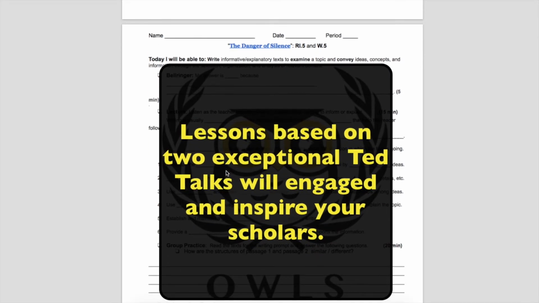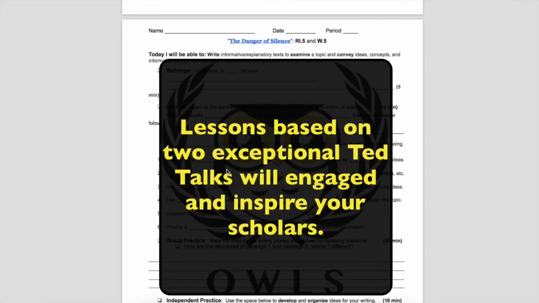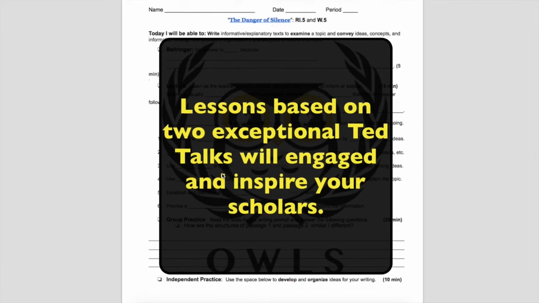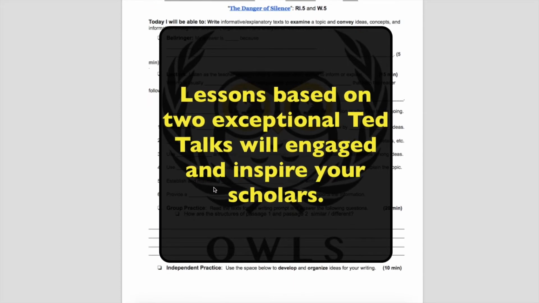There are lessons based on these two exceptional TED Talks, but there are other ways for you to inspire and engage your scholars by bringing in different texts as well. This allows students to do an informational writing activity, where they convey some of the ideas that they think are represented in the speech and why it's important for each person to tell their story.